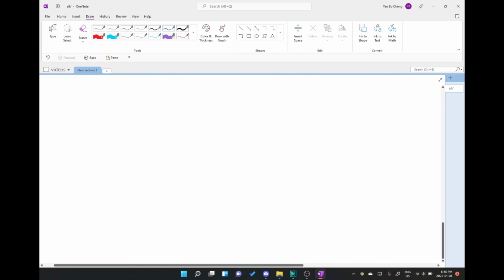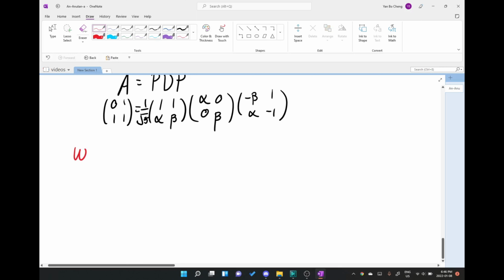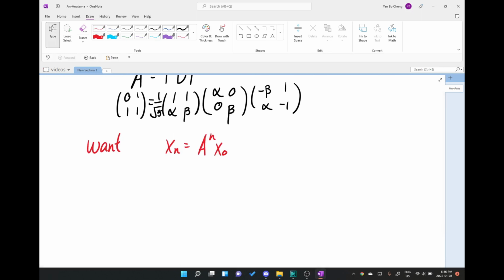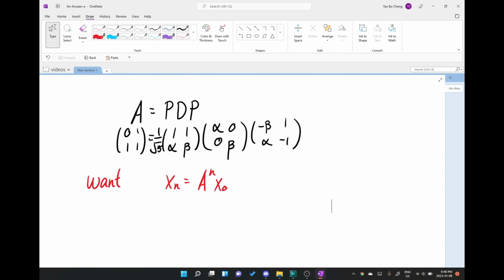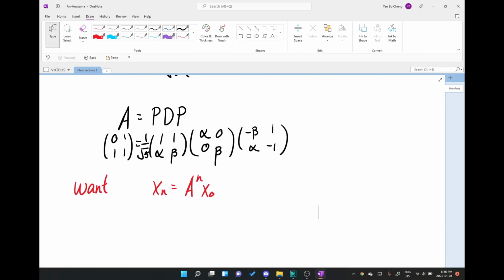So we want to find x_n is equal to A^n times x_0, right? And this is why we did the diagonalization, because if we take any power of the diagonalized matrix, this will just be equivalent to taking the powers of the eigenvalues inside.